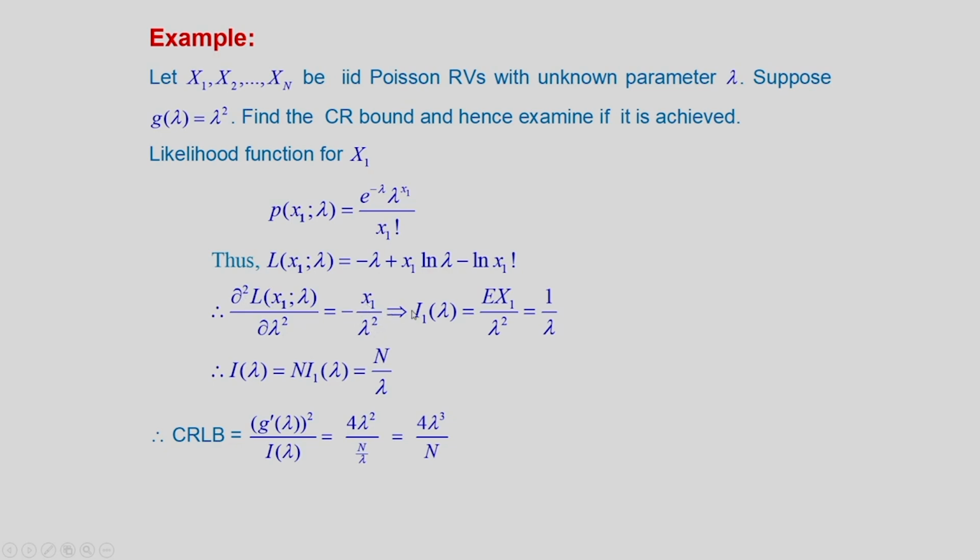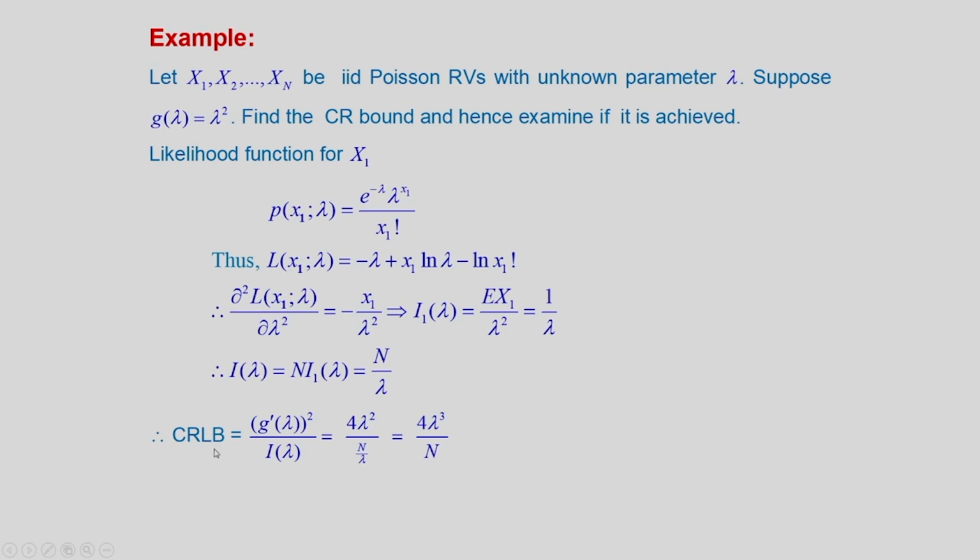So, for information we have to take the expected values. Therefore, I1 of lambda will be E of x1 divided by lambda square, that is equal to 1 by lambda. Since there are n IID random variables, I of lambda will be equal to n times I1 of lambda, that is equal to n by lambda.